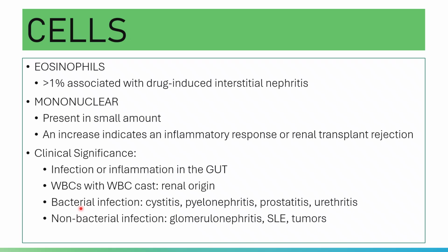As for the clinical significance, pyuria is seen in bacterial infections. You have cystitis, pyelonephritis, prostatitis, and urethritis, as well as balanitis. Please note that in women, you have the dysuria-pyuria syndrome, or acute urethral syndrome.